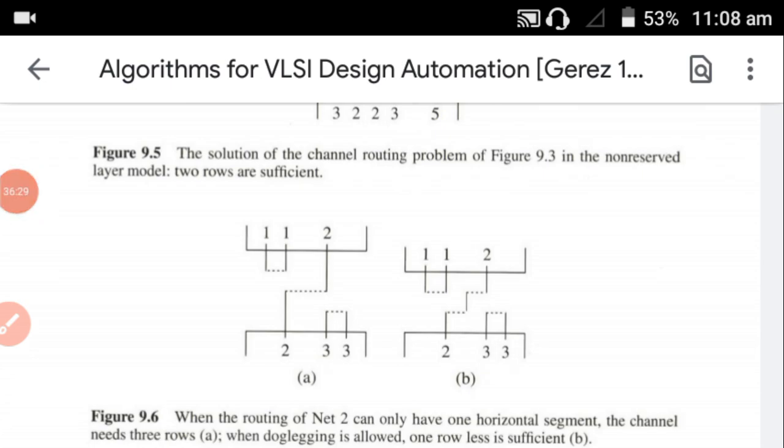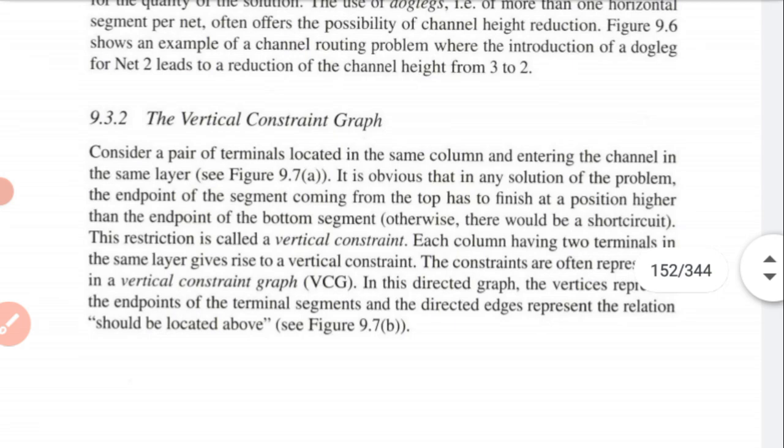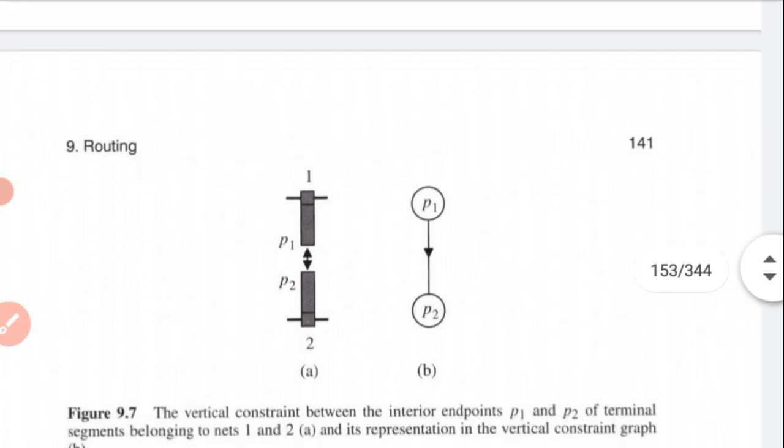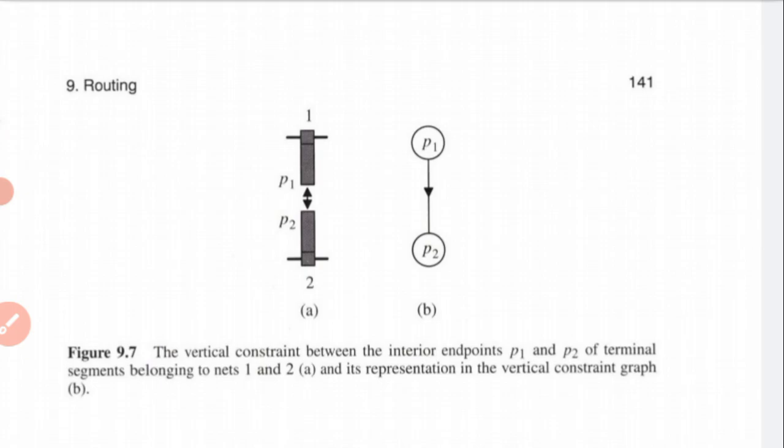Next is the vertical constraint graph. We all know about the constraint graph; here we will see the vertical constraint graph. We have to consider terminals located in the same column and entering the channel in the same layer. Consider figure 9.7a.